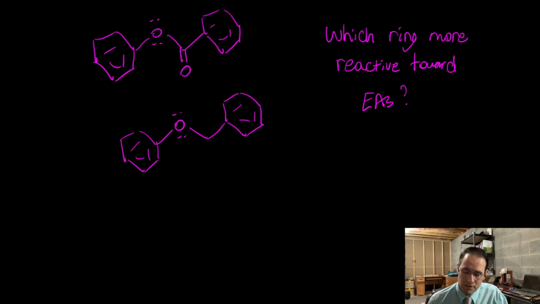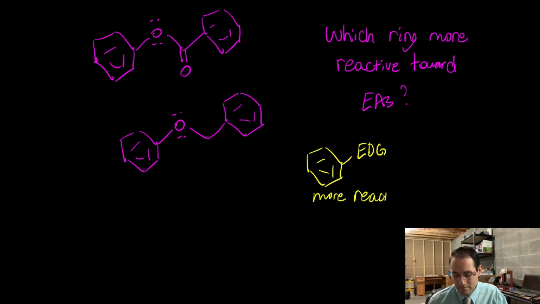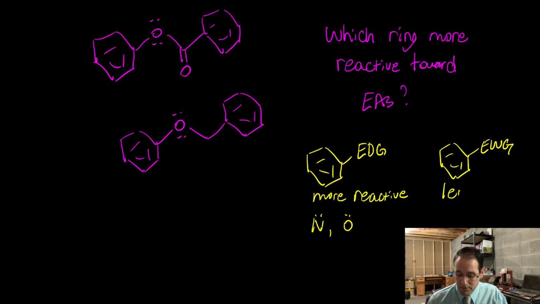So you need to come back to your ideas that if you have an electron donating group, these are going to be more reactive. Okay. And we've talked about what those are. Nitrogen with a lone pair, oxygen with a lone pair, carbon like a methyl group or something like that. If you have an electron withdrawing group, and we talked about what those were, they're going to be less reactive, okay?